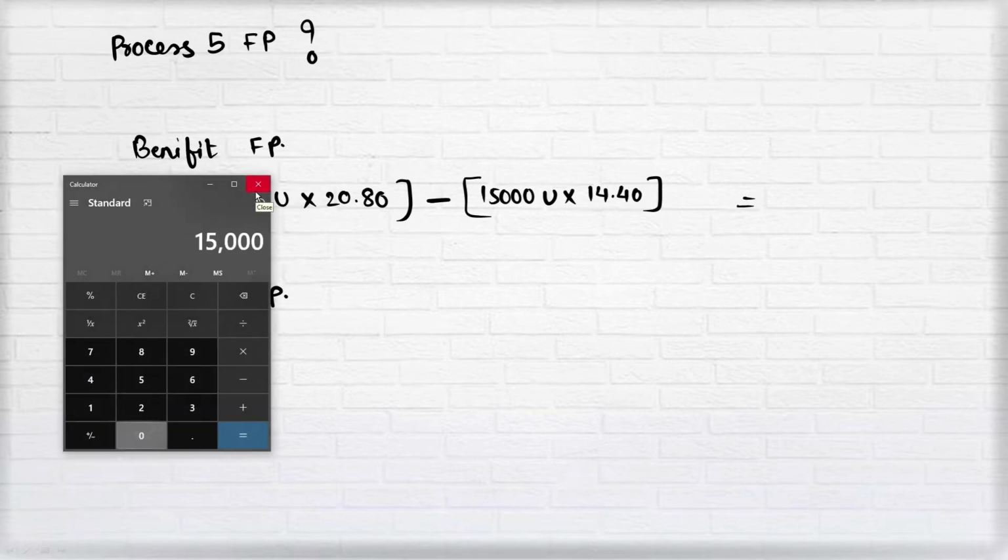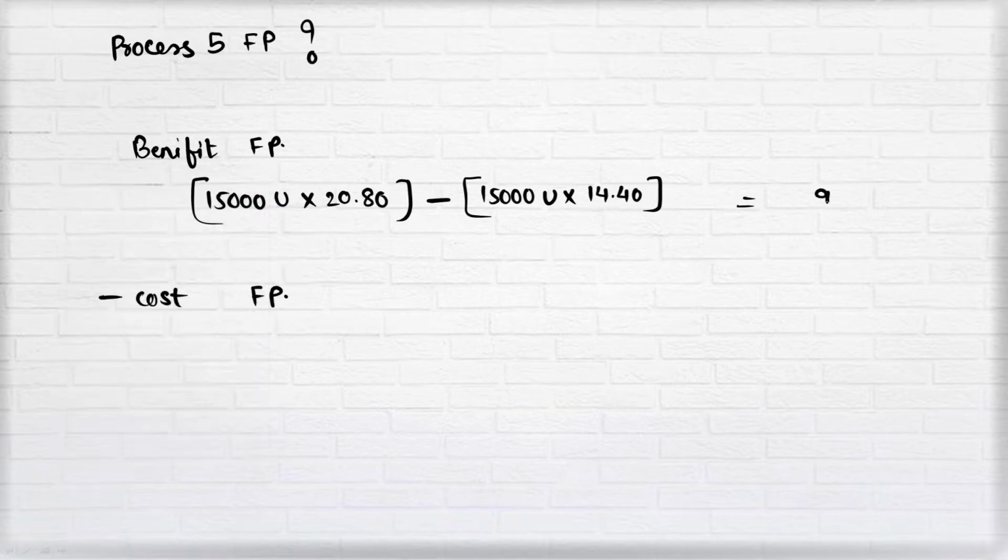So 15,000 into 20.80 is M plus, and 15,000 into 14.40 is M minus. The difference is 96,000.